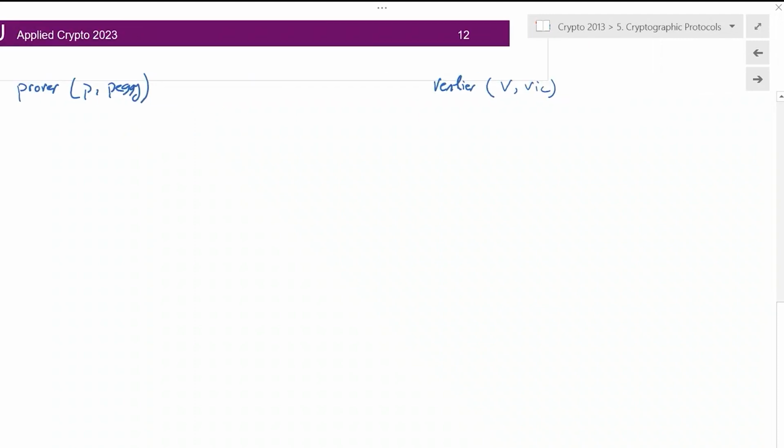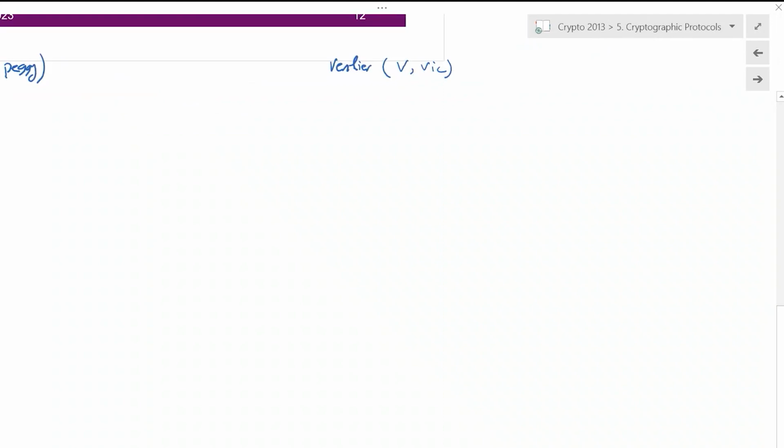The verifier normally has a database of users and their passwords. So she has Alice, and maybe her password is Apple. You have Bob, the password is maybe the word password, and so on and so forth.